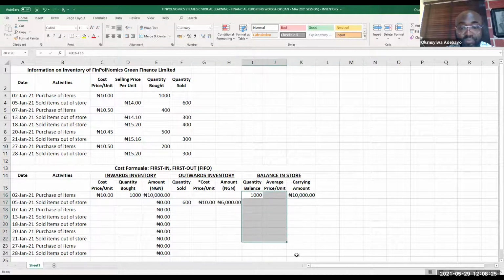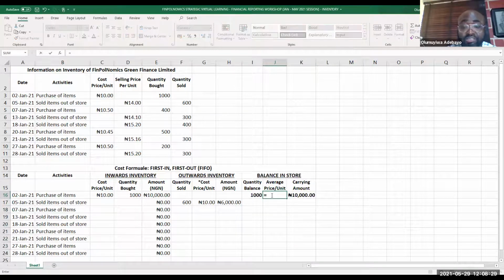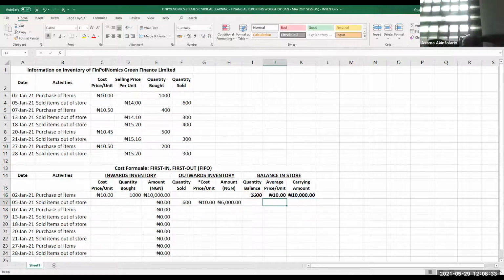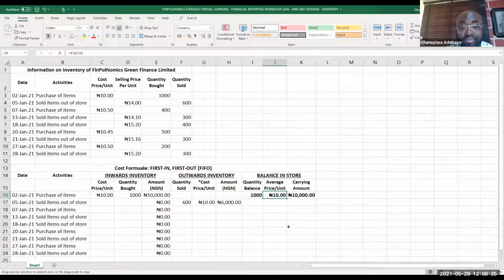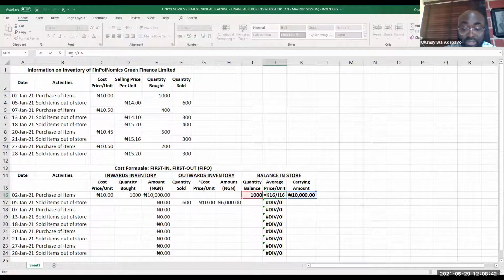Now the average price is 10 naira, by dividing the amount by the quantity.